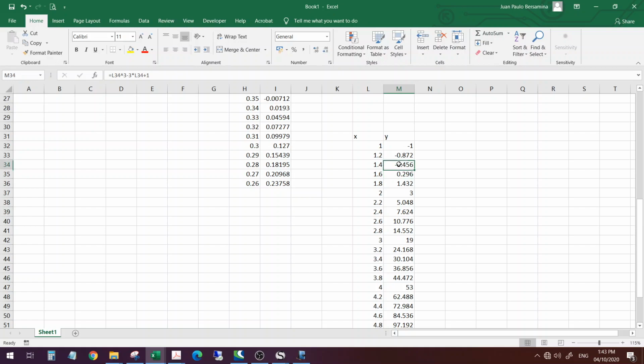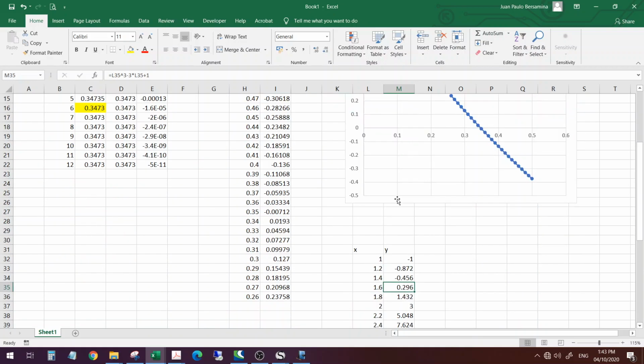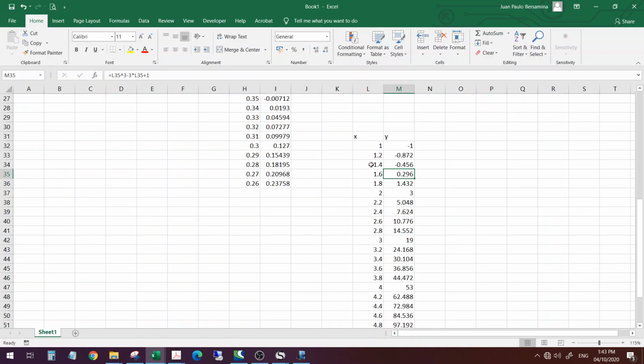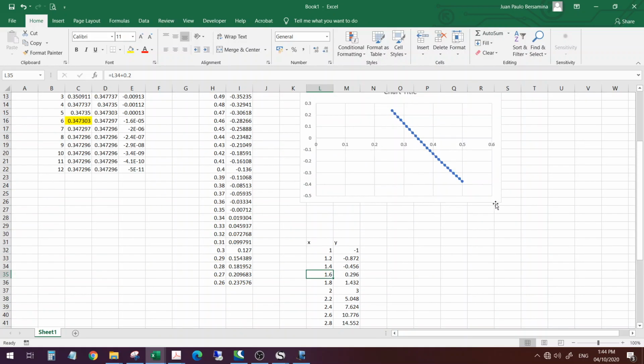That means this equation touches the x-axis again from 1.4 to 1.6. So that's another solution for x. So the region is between 1.4 and 1.6.